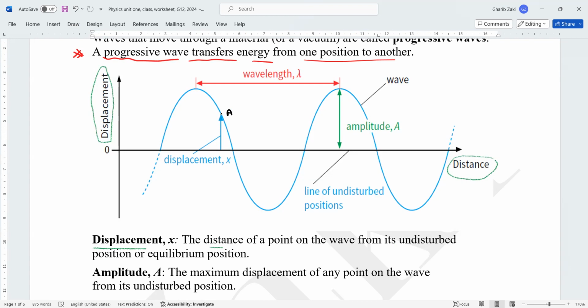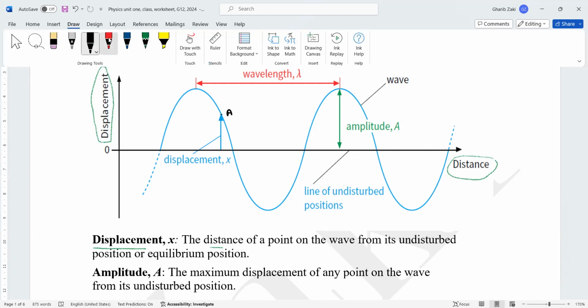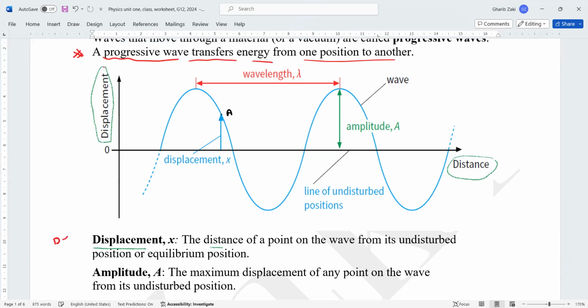You have to remember that definition because the definitions are important and will come in the final exam. So you write in your notebook, please, this is a definition of displacement: it is the distance of a point on the wave from equilibrium position.